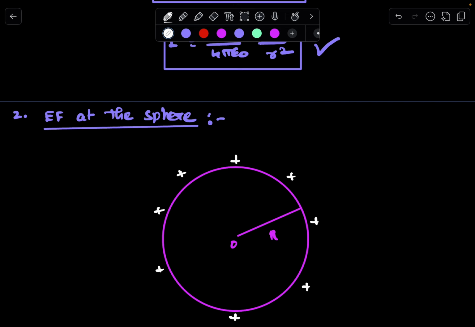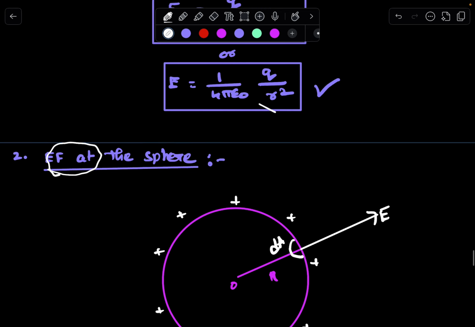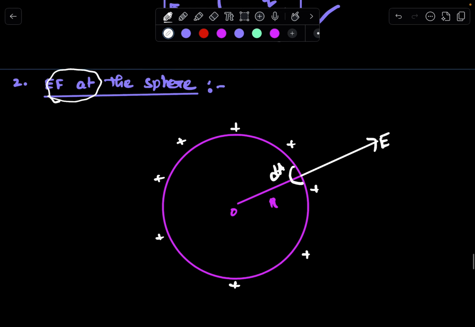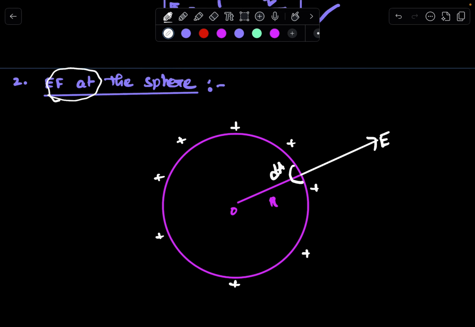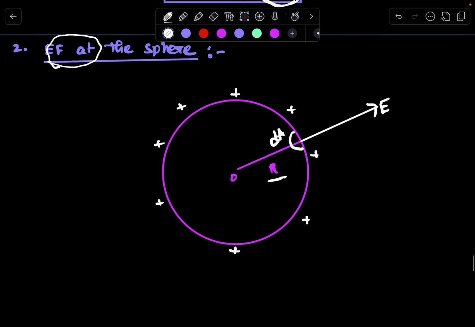We are going to calculate the electric field at the sphere, so I'm going to take a small surface area here, where the electric field is acting in this direction. Instead of small r in the previous case, now at the sphere the small r is replaced by capital R. The remaining expression will be the same.